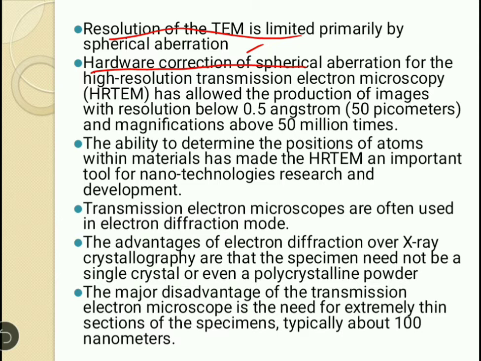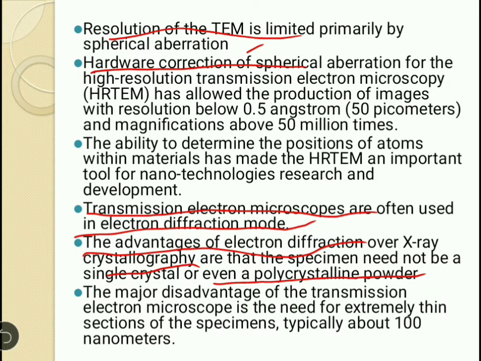Now we can say the major advantage is electron diffraction. Transmission electron microscopes are often used in electron diffraction mode. The advantage of electron diffraction over X-ray crystallography is that the specimen need not be a single crystal or even a polycrystalline powder.